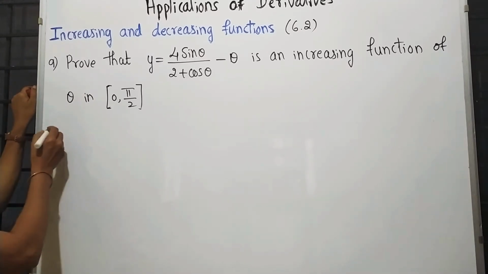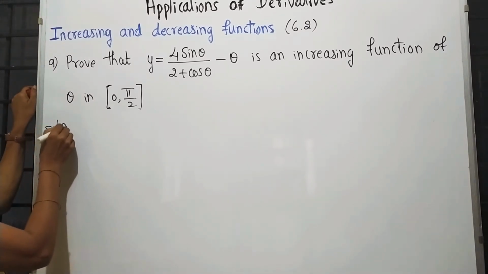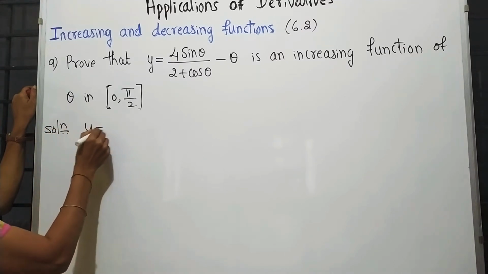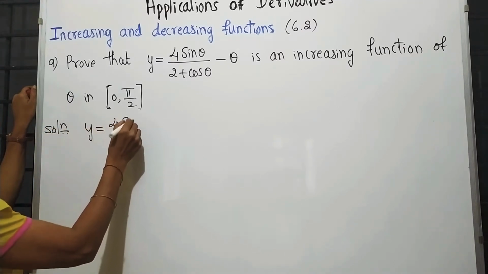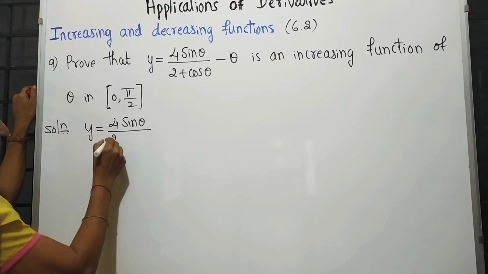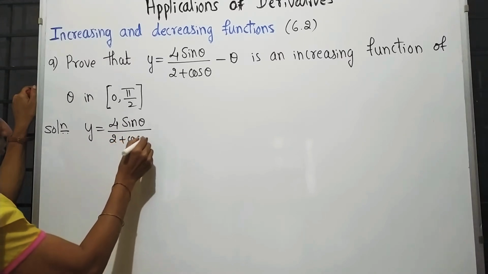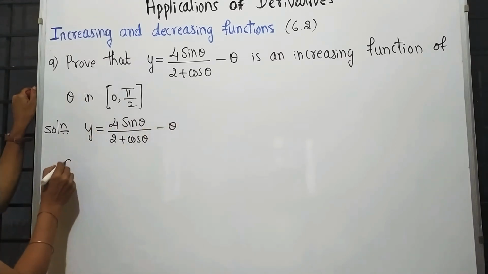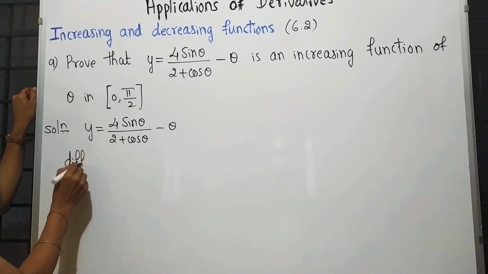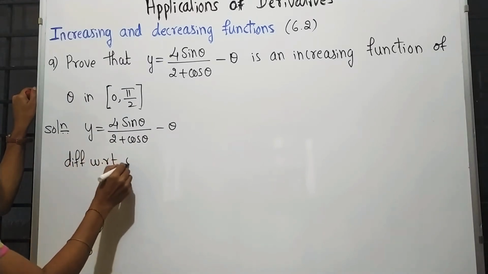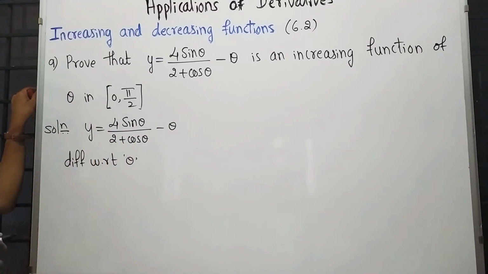So first, as usual, we have to go for the derivative. y is 4 sin theta divided by 2 plus cos theta minus theta. Now we are differentiating with respect to theta, always depending on the variable.